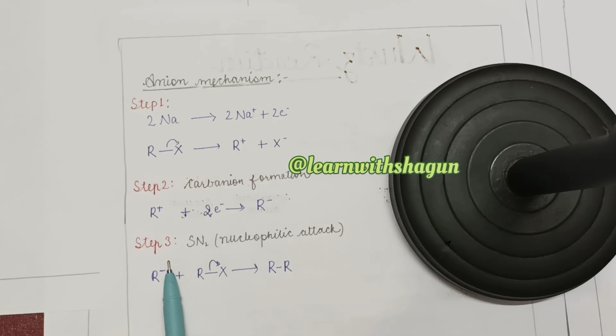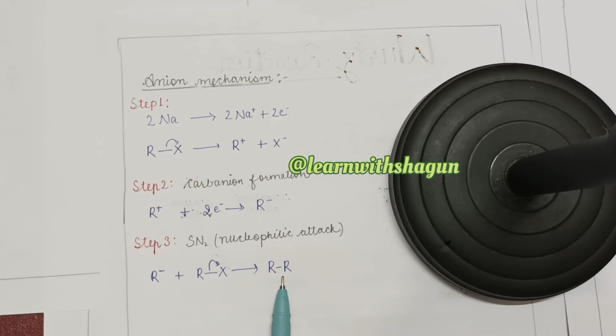Now in step 3, SN2 nucleophilic attack will happen. Nucleophilic attack means nucleus loving species. Obviously this carbon ion is nucleus loving, so here polarity will be there, right? Partial positive charge on this and partial negative on this. So it will attack on it, break its bond with this and hence combine with this.